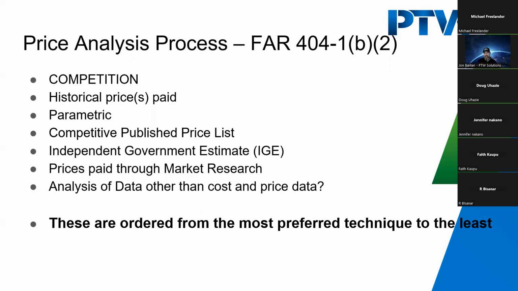Another one that is used a lot is the competitively published price list. Now, this one is a little confusing because, again, a competitively published price list, what does that actually mean? Well, in my opinion, if you have a published price list, it's really not competitive. Like if you think of GSA, all the GSA schedules, we all should understand that those are ceiling rates, right?